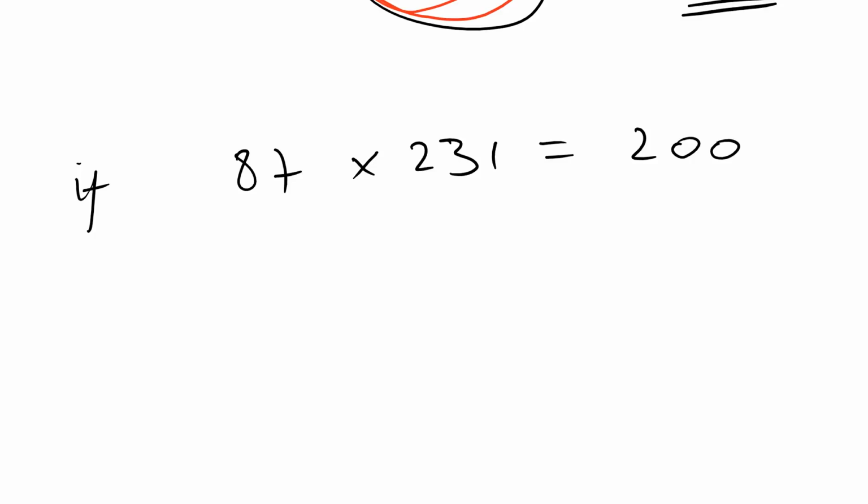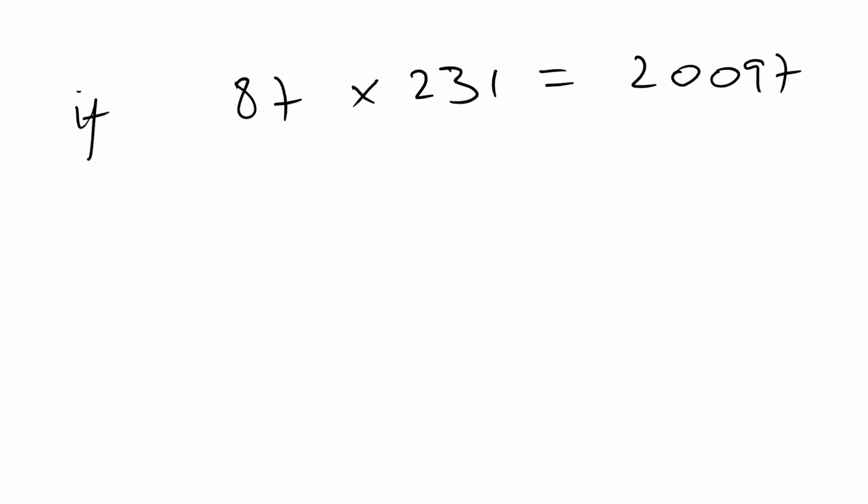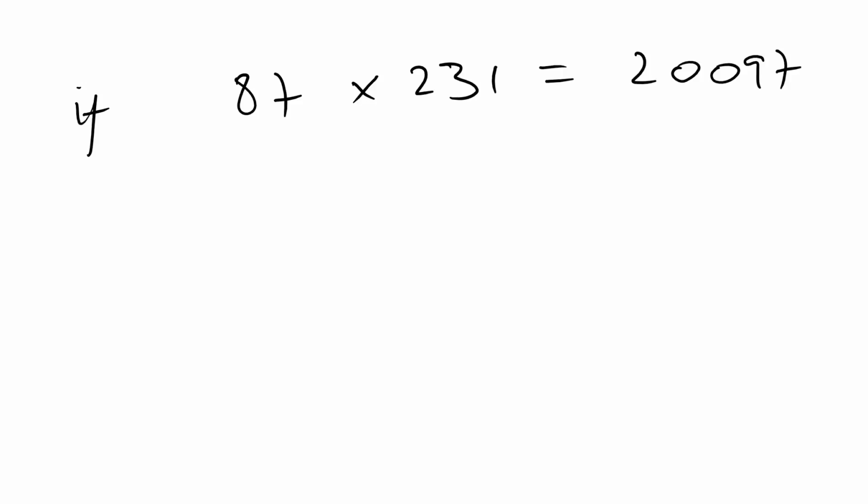There was one final thing I wanted to mention, because sometimes we get this question. This will only take a minute. They sometimes tell you in an exam, something like 87 times 231 is this answer, okay? So they say if that is correct, which it is, find 8.7 times 2.31.